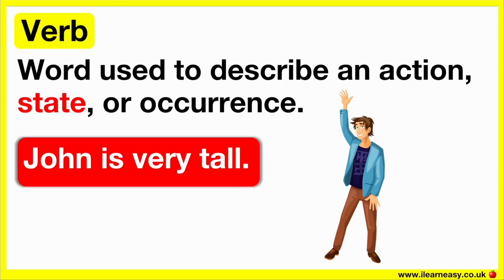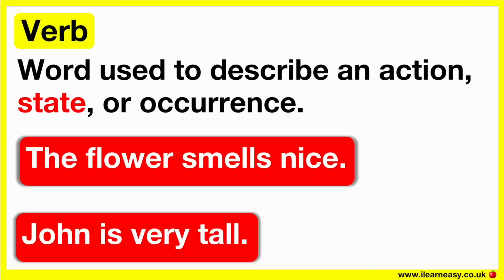John is very tall. The verb in this sentence is is because it's used to describe the state. So as you can see in both examples, we're not describing an action. Rather, we're describing the state of being. The verbs in both examples link the noun to the adjective.